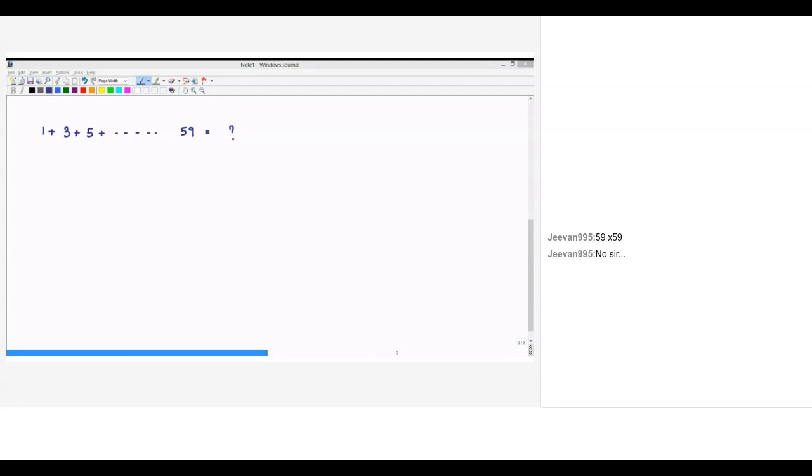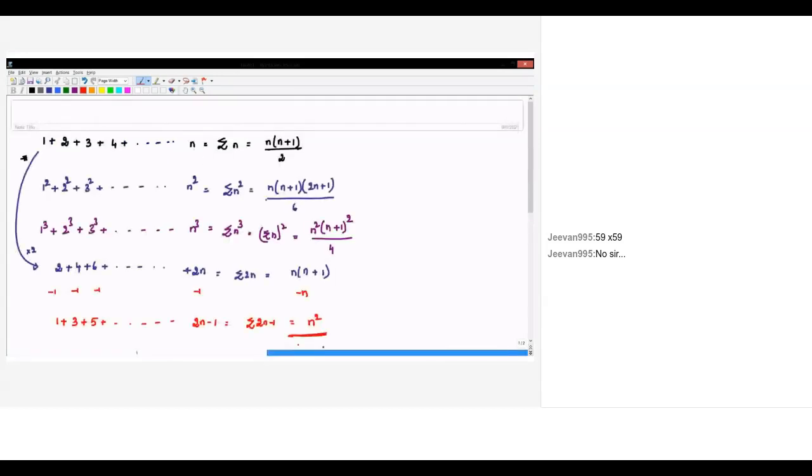See here, when I said this, the nth term is not n, it is 2n minus 1, I said. It is 2n minus 1, right?